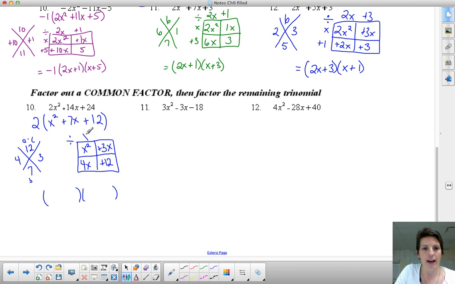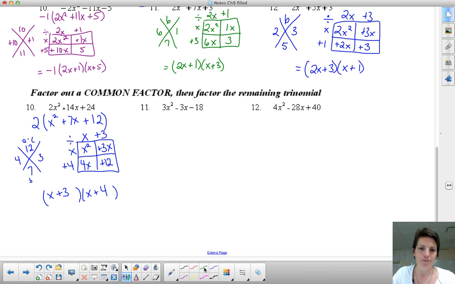Up and down here we've got x, and across we have x. Across here we have a positive 4, and up and down we have a positive 3. And we end up with x plus 3 times x plus 4. Check that out right here in our x. Remember, you can stop at the x only when the leading coefficient is a 1. If you don't have a 1, then you can't do this.